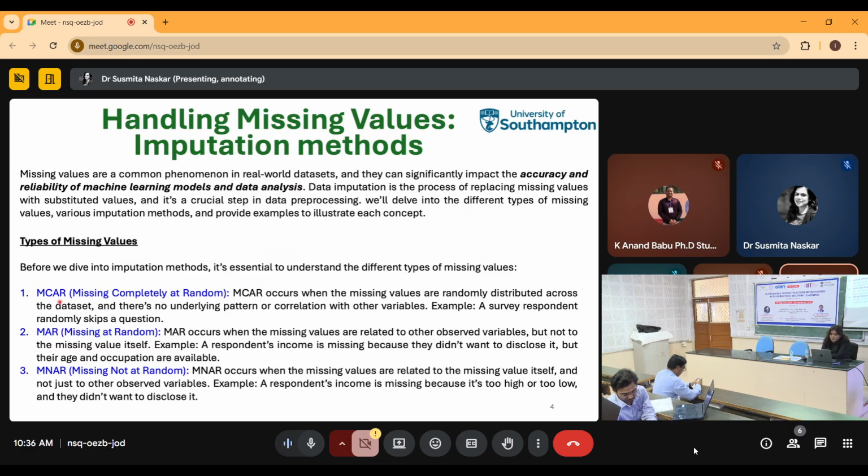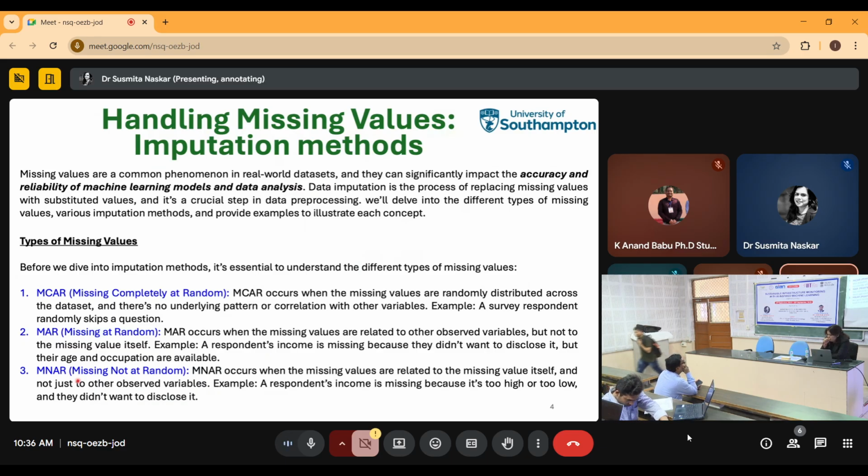I have tried to list them in three divisions. There are definitely other ones as well, but we are trying to look into the most common, most evident or applicable ones, especially when we are talking about civil infrastructure or infrastructure monitoring. The first one is missing completely at random. We also call this MCAR.